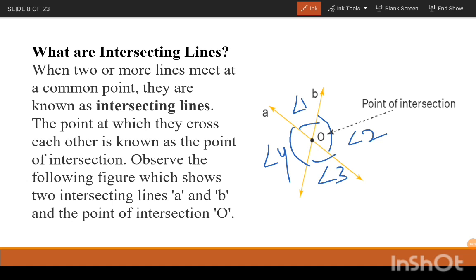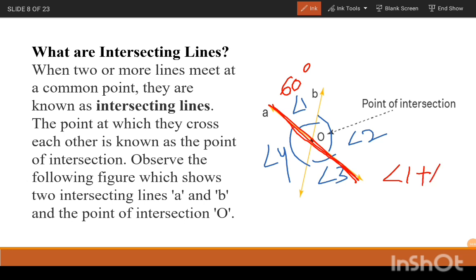I have named them. So if angle 1 is 60 degree, what will be angle 2? Just now we have learnt about supplementary angles and linear pair. So these two angles are on a straight line. That means the sum of angle 1 and angle 2 is 180 degree.